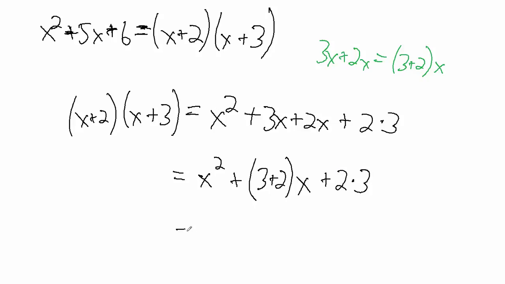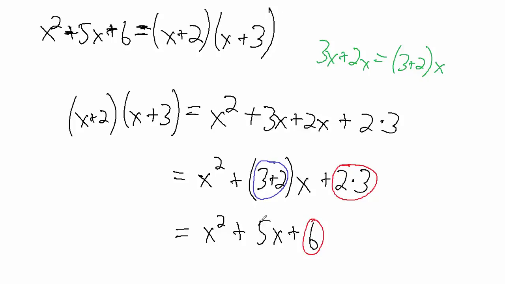Alright, now what I'm going to do is write x squared plus 5x plus 6. Okay, so notice, what do we have here? Well, when we took our answer here, x plus 2 times x plus 3, when we took that and FOILed it, when we multiplied it out, we expanded it, what we ended up with here at the end was 2 times 3, two numbers that multiply to give us the 6, and what we had over here was these two numbers being added together to give us the 5.